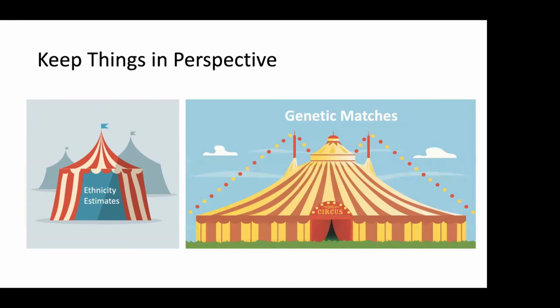And in some cases, they may even provide useful clues. But for genealogists and adoptees, the main event under the big top is the reporting of genetic matches. That's the information most likely to expand and confirm our family trees and introduce us to previously unknown relatives.